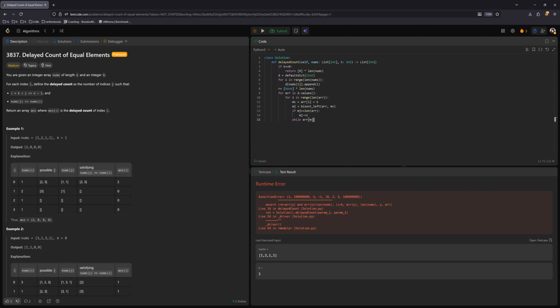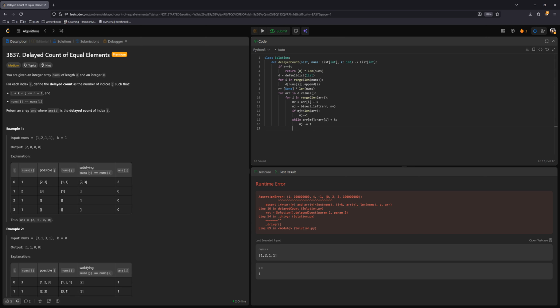Yeah, if this value is too big, then we need to decrement it. So if it's greater than or equal to ARR I plus K, then MJ minus equals 1.